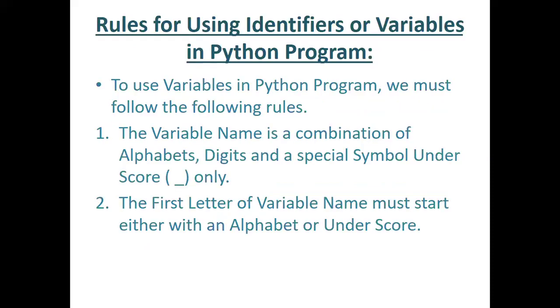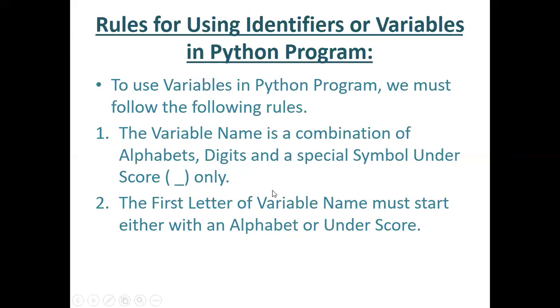Now, we have some rules for identifiers or variables in Python. To use a variable in a Python program, we must follow the following rules. The variable name is a combination of alphabets, digits, and the special symbol underscore only. No other symbol is allowed.